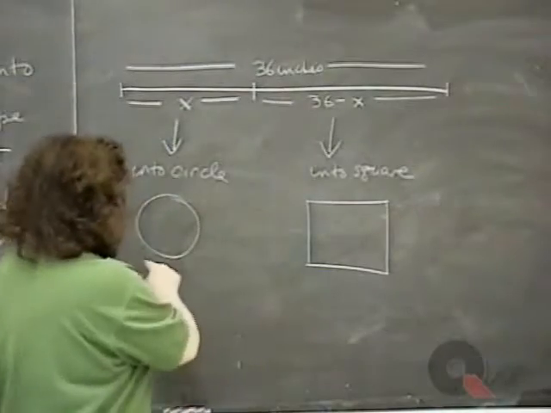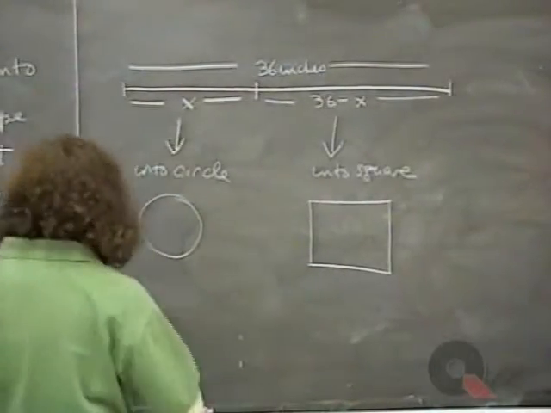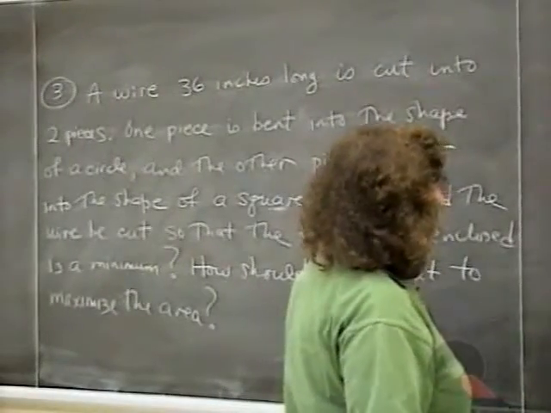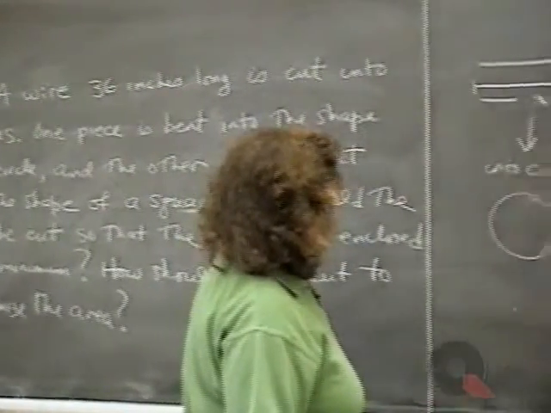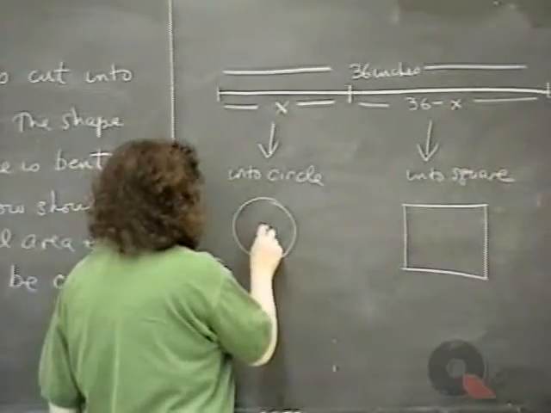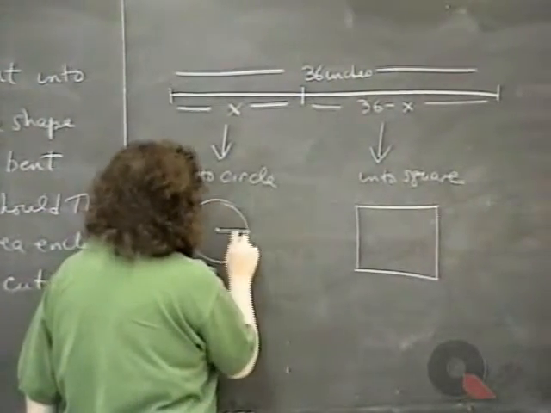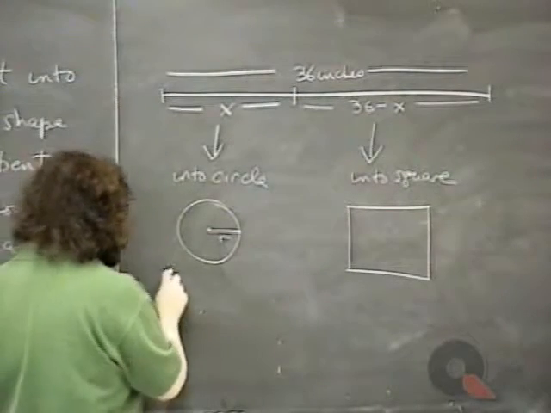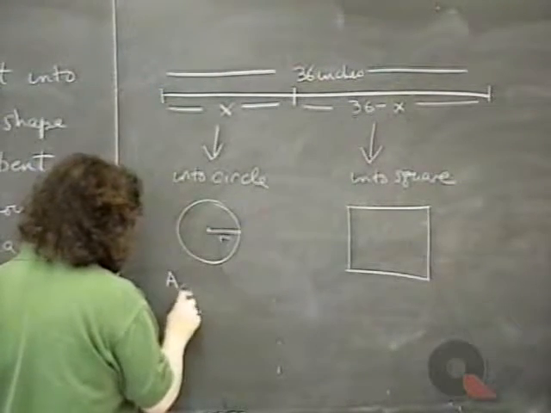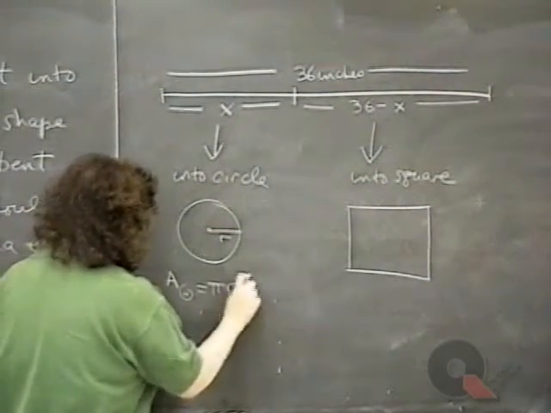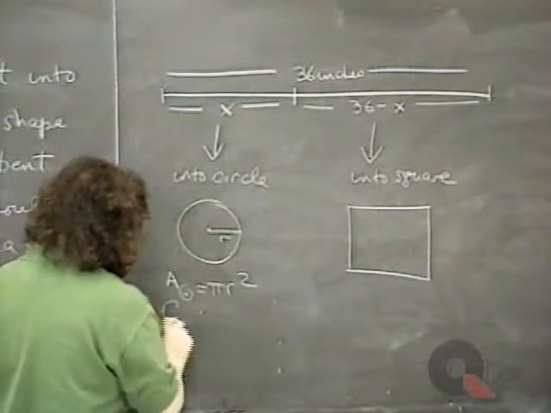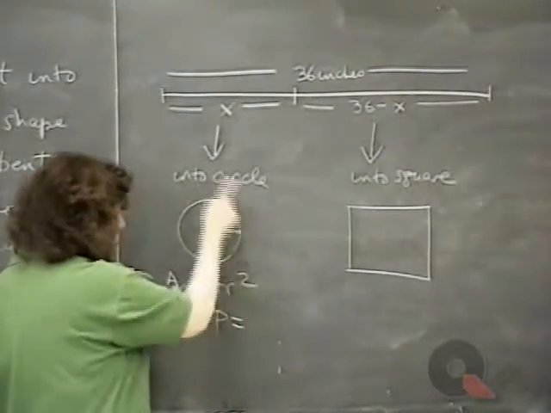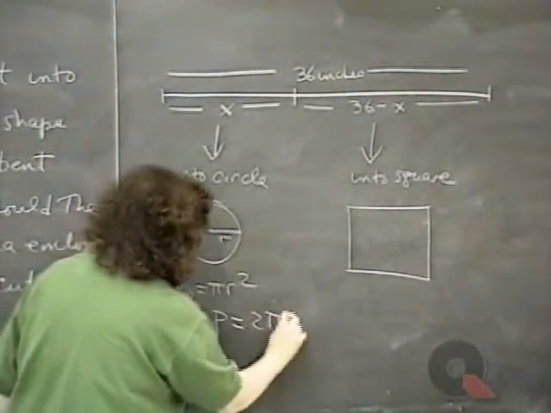And I want the area of the circle plus the area of the square to, in one case, be a minimum, in the other case, to be a maximum. The sum of the total of the areas. Now, we consider a circle of radius r. We know the area of the circle is pi r squared, and the circumference of the circle, like the perimeter of the circle, is 2 pi r.